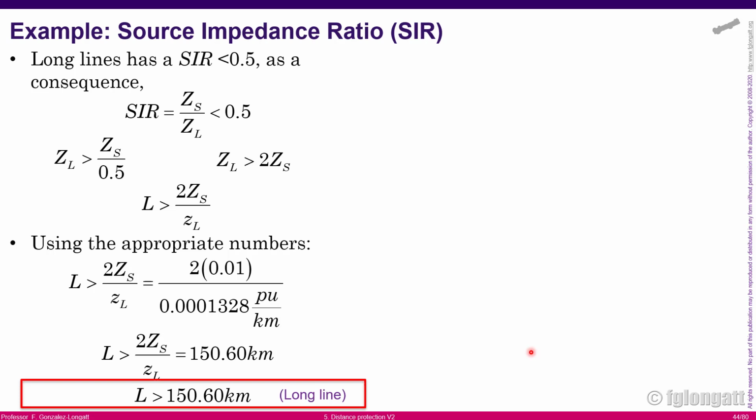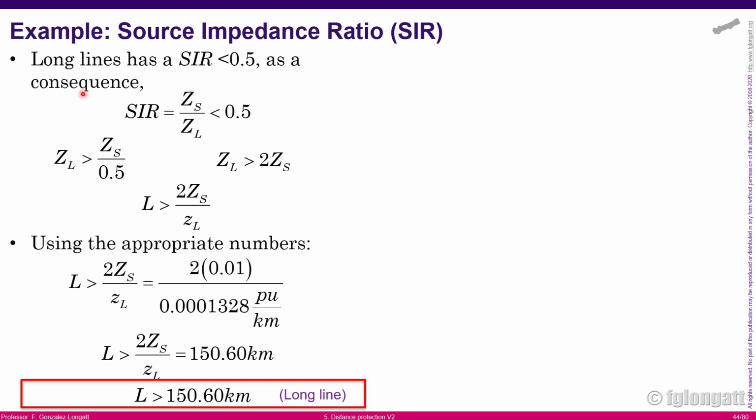Then we can do the same with the numbers, but in this case, instead of short lines, we are interested in long lines. The IEEE C37.113, the IEEE Guide for Protective Relay Application to Transmission Lines, says that any long line has a source impedance ratio below 0.5.